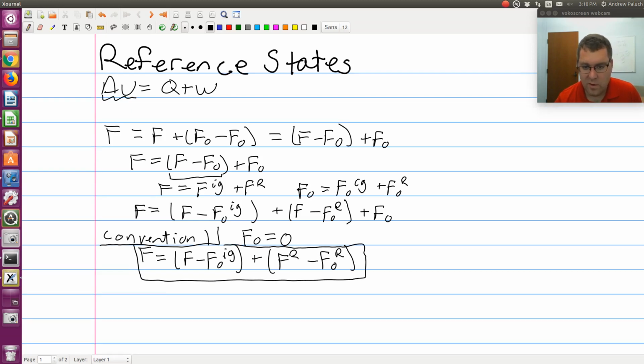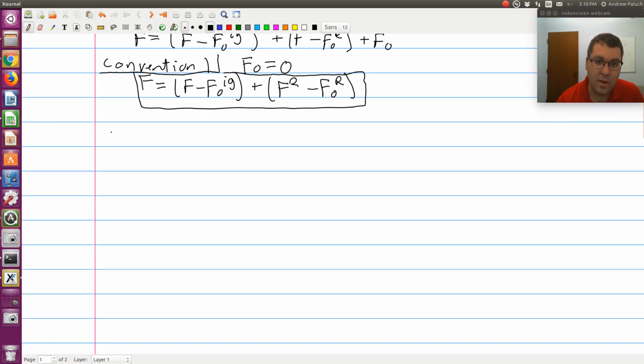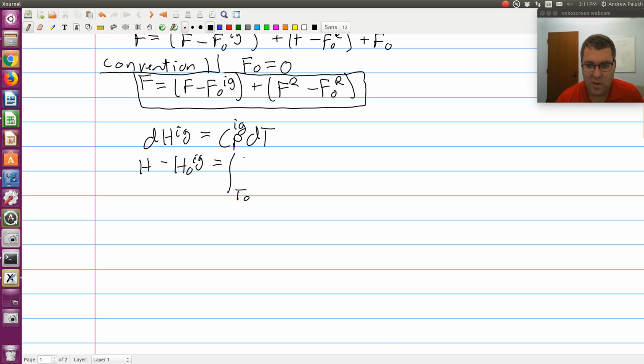How does that make things easier for us? Well, if you think about enthalpy, the enthalpy of an ideal gas, dH ideal gas, is Cp dT. So if I want to calculate the change in enthalpy, H minus H naught ideal gas would just be the integral from whatever my reference state temperature is to my temperature of interest, Cp ideal gas dT.